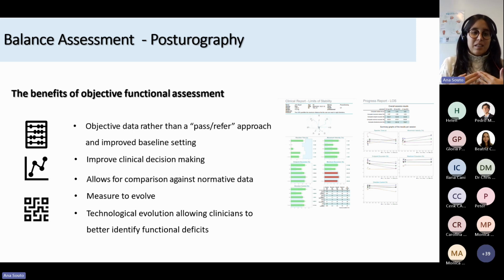We can make clinical decisions easier. We can compare our data against normative data, and it makes it easier to identify functional deficits. So these are the main benefits.